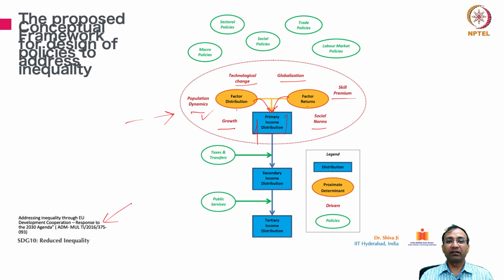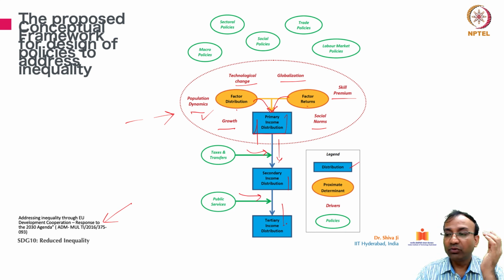So the better the capacity of individual earning, the better the distribution of wealth is going to be till the last person of the society. And this goes to the secondary income distribution, then tertiary income distribution. Here again there are taxes and transfers and public services, etc. You can see this legend: this blue box is distribution, this is proximate determinants, drivers mentioned here, and policies in this green.